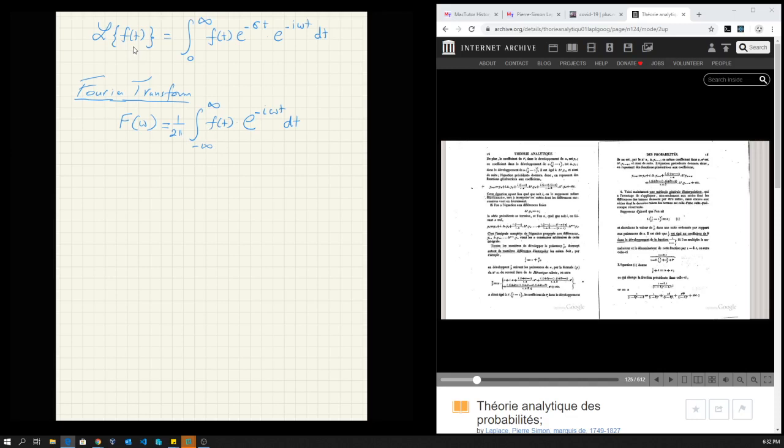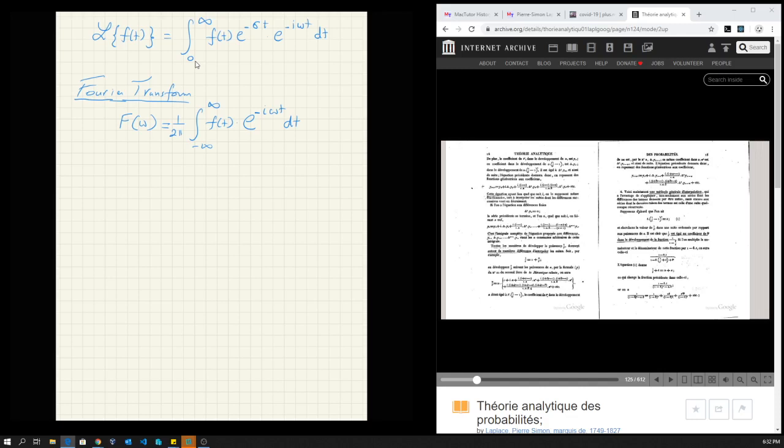For Laplace transforms, we usually restrict ourselves from 0 to infinity. There's a reason for that. It's because for most applications with signals, you're going to multiply these by a unit step function. And with the unit step function, you typically start with t equals 0. So the function before time t equals 0 is turned off, is multiplied by 0.